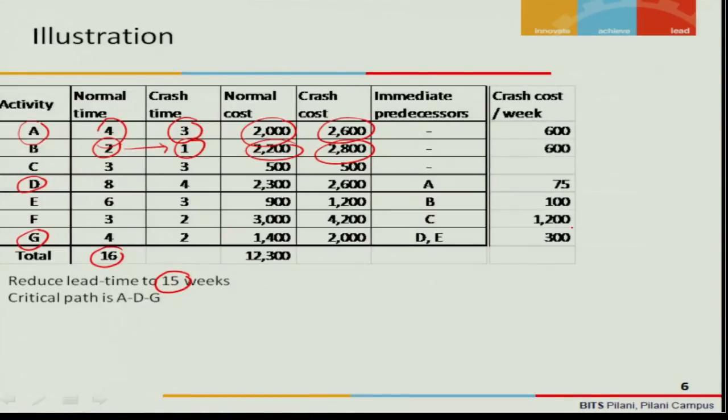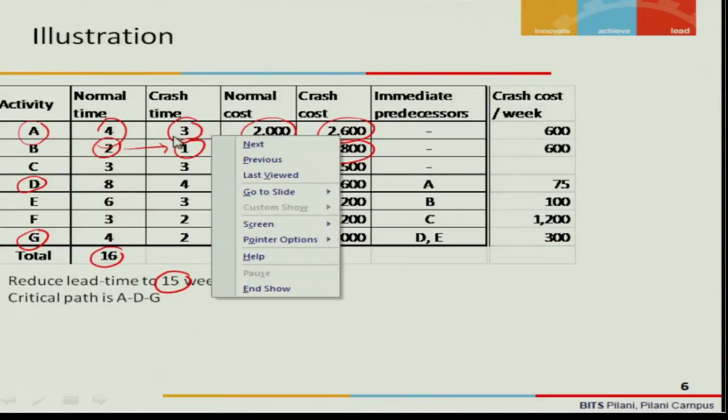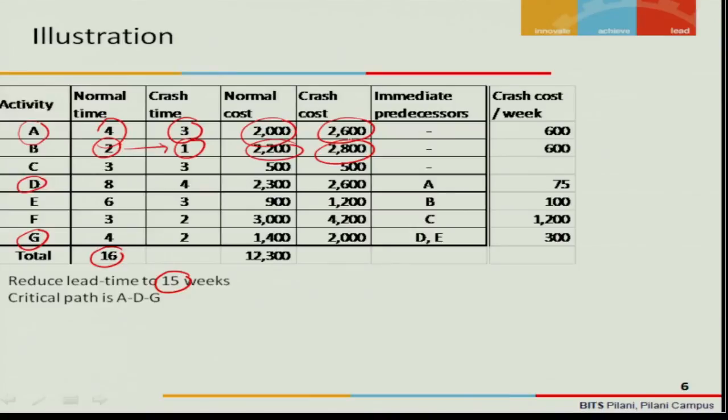Look at the crash cost per week. This is the total absolute cost that is given. We are computing the crash cost per week. How will you compute? From 4 to 3, if you have to reduce, it becomes from 2000 to 2600. So for 1 week of change, the escalation is 600. So this is crash cost per week. Here also from 2 to 1, the increase in the cost is $600.